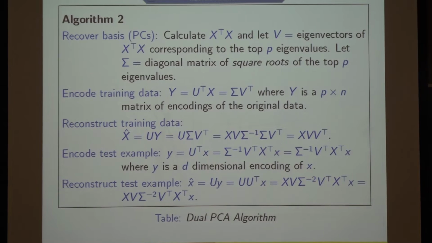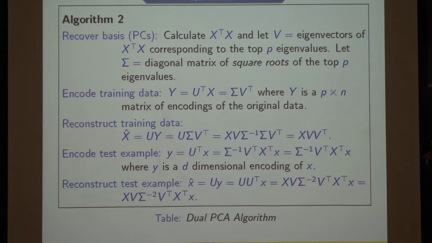In dual PCA, I don't start with the decomposition of X X transpose. I start with the decomposition of X transpose X in a step. So in the case that n is small and d is large, it's more economical to do it this way.